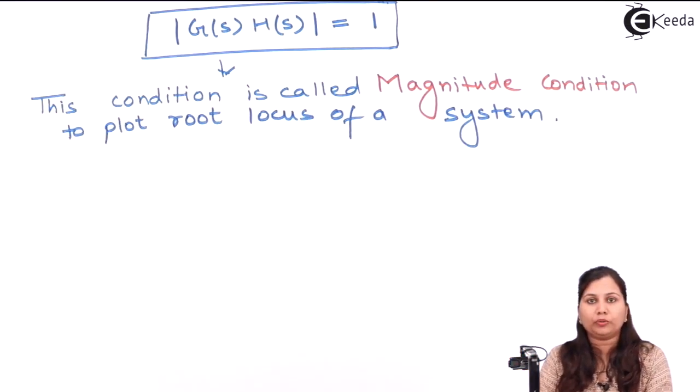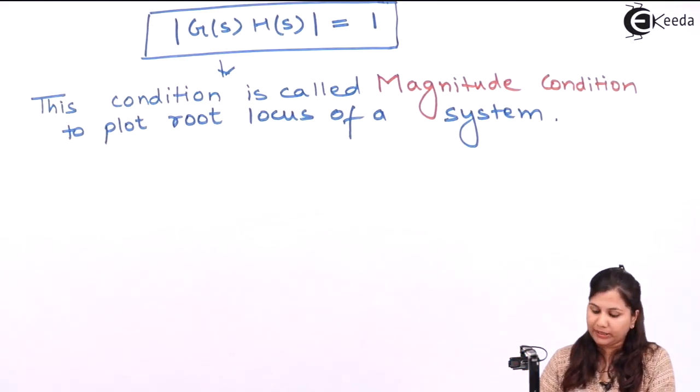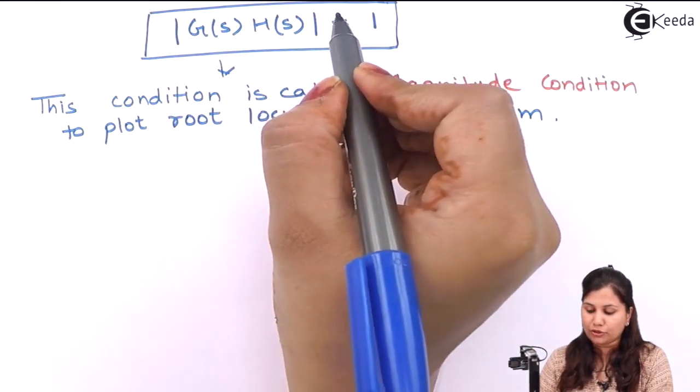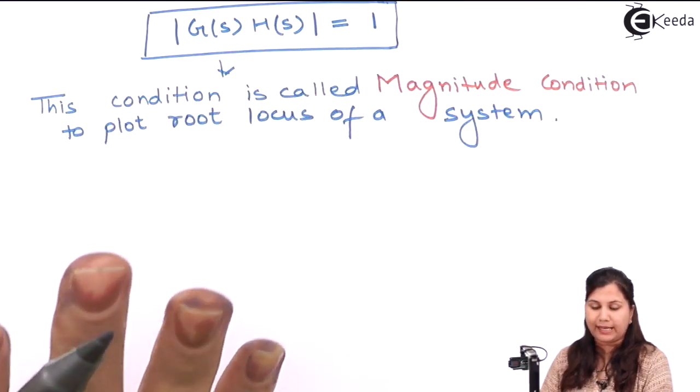So whenever we want to plot the root locus of a system, this condition, that the magnitude of G(s)H(s) should be equal to 1, should be satisfied.